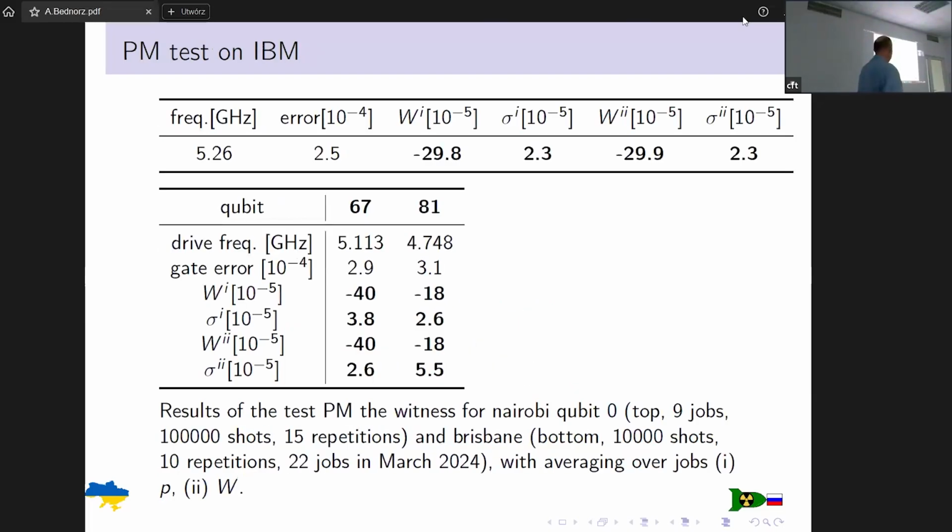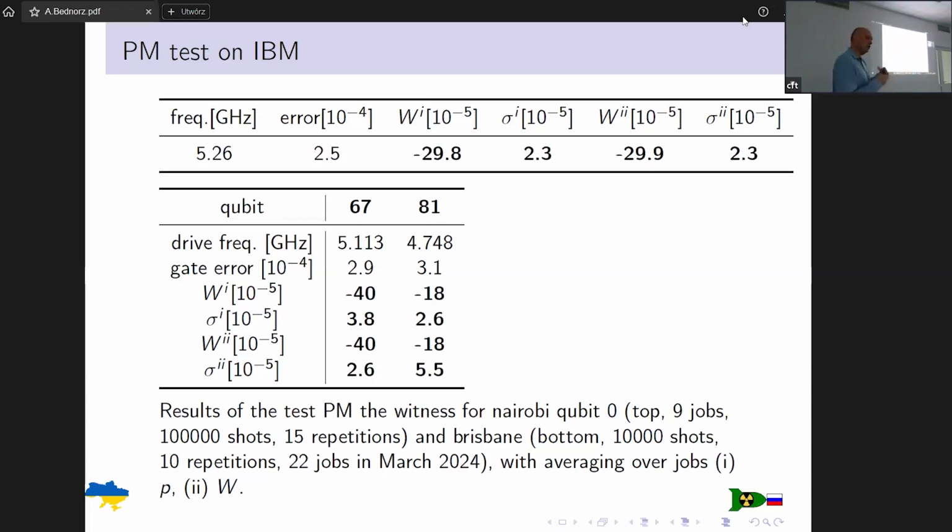To prevent this effect, we made two different ways of calculating this witness. The first one is to take all jobs. Maybe I should tell you a bit about how we make this experiment. There is a basic computation unit in IBM, but also in other quantum computers. It's a job.